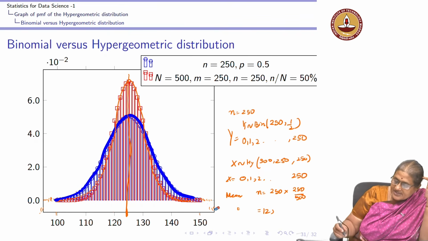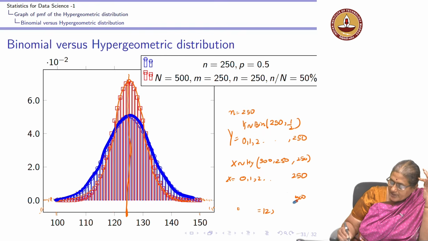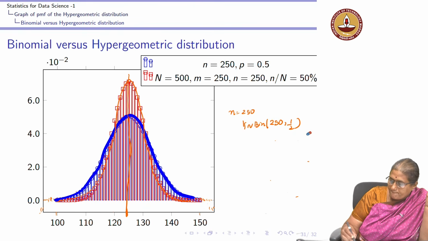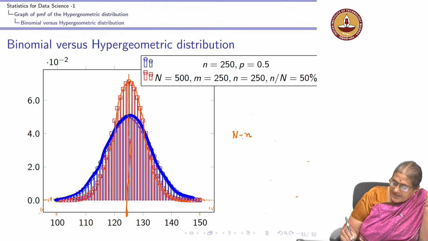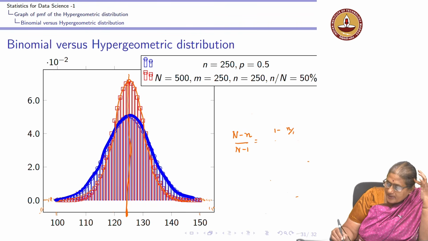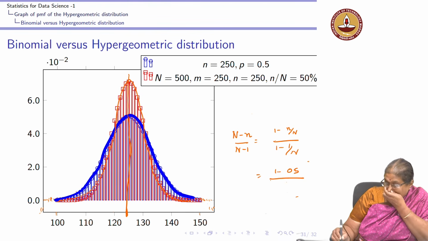Now, again in this case, if you look at N minus n by N minus 1, this is n by N, which is about 50%, divided by 1 minus 1 by 500.